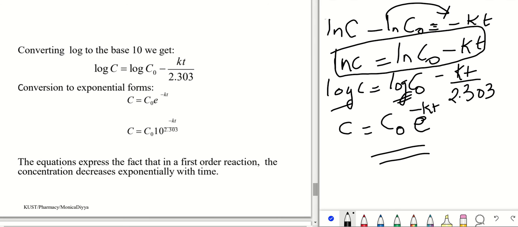So this represents that the concentration decreases exponentially with time.